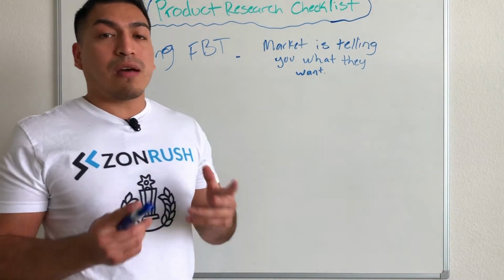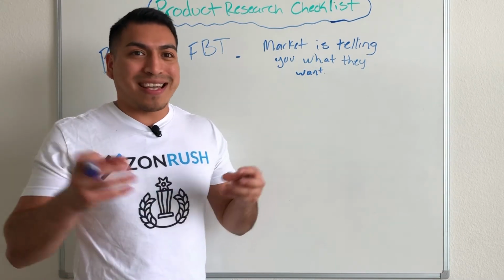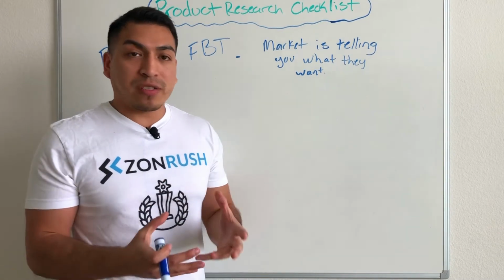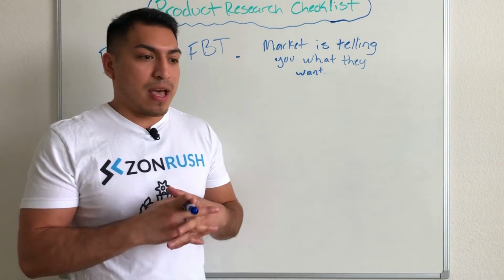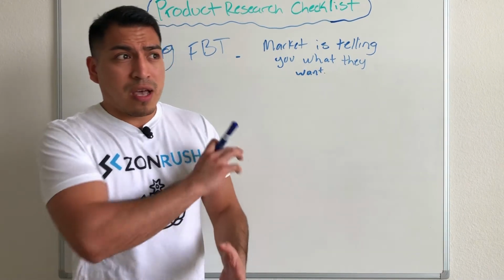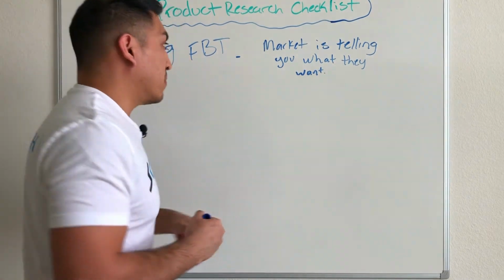And the cool thing is, a lot of times manufacturers will have a way to connect product A and B together for you. If you're selling charcoal powder, for example, and you're seeing that people really love bamboo toothbrushes on the frequently bought together, and they're selling mouthwash.